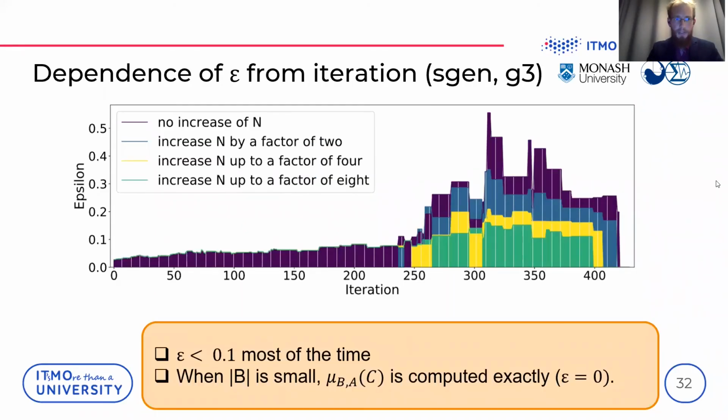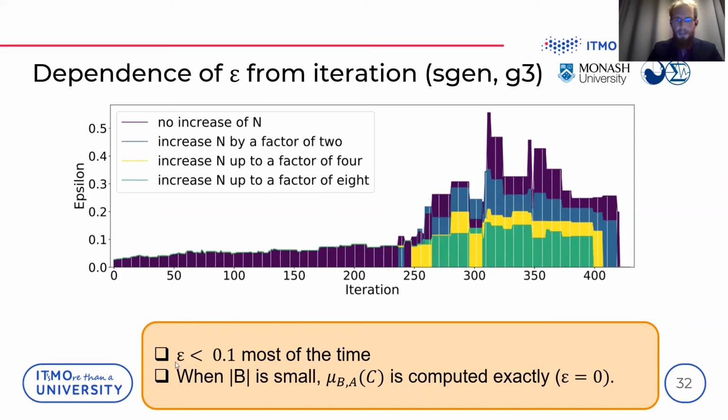This plot illustrates the behavior of the epsilon-delta algorithm. In practice, when the value of epsilon exceeds the a priori given bound, we try to increase the sample size by a factor of 2, 4, or 8. And this plot illustrates these different strategies.